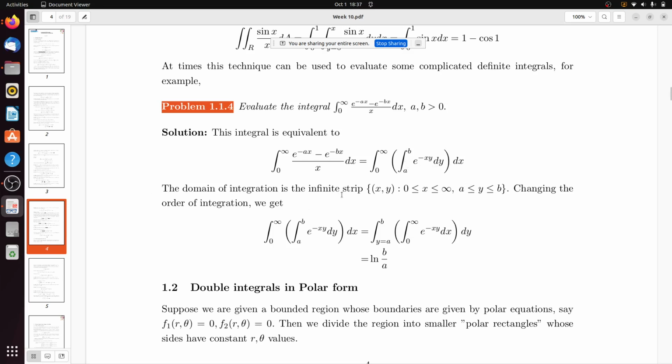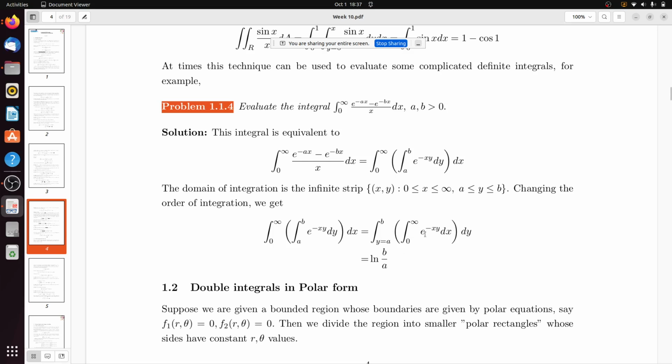Now the domain of integration is the infinite strip, where x varies from 0 to infinity and y varies from a to b. Now if you change the order of integration, you first integrate with respect to x, where x varies from 0 to infinity and y varies from a to b.